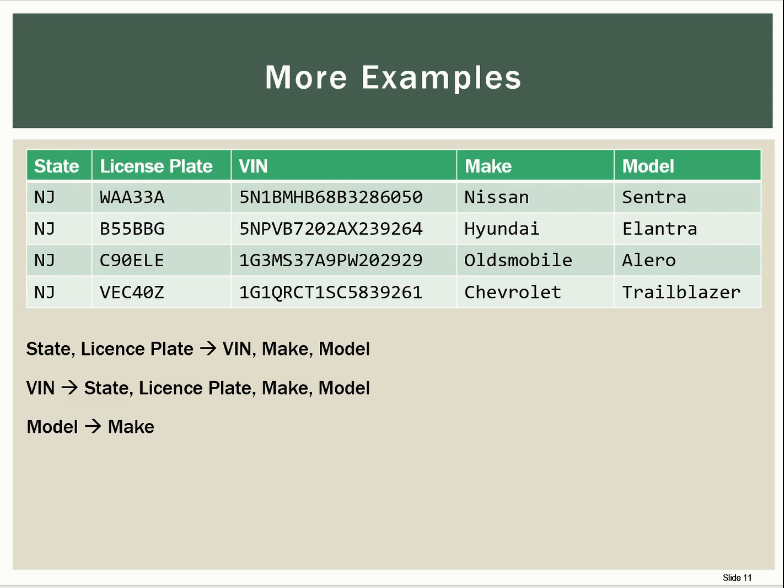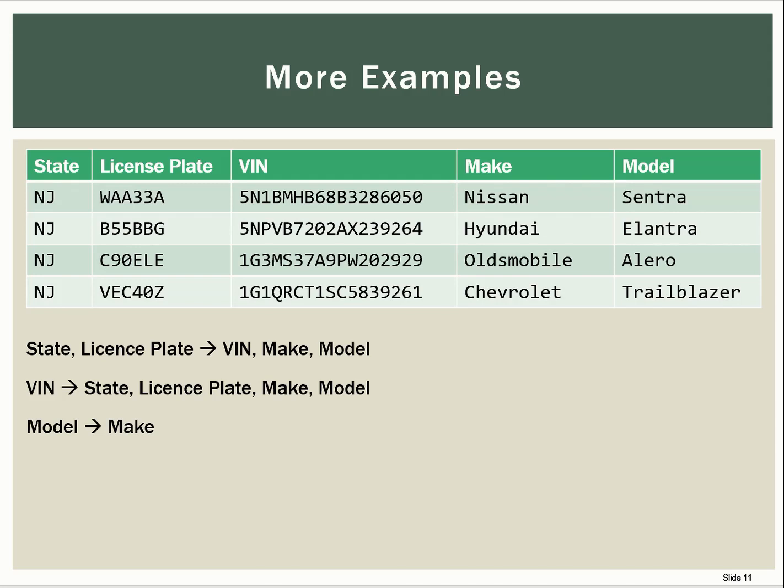And here's one you might not have gotten. The model determines the make. Sometimes finding these hidden dependencies is the key to having a very good normalized database. So the car manufacturers never name models the same as other car manufacturers. There'll never be a Chevrolet Sentra or an Oldsmobile Elantra.